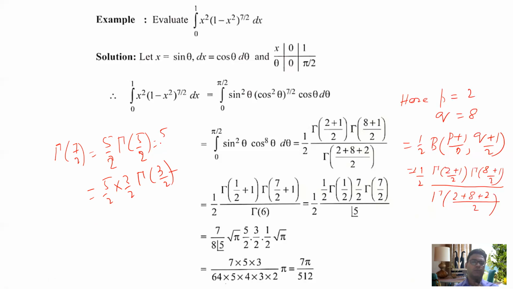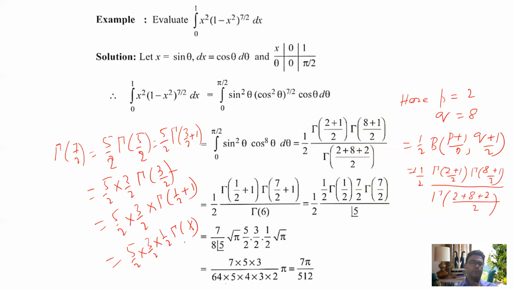Basically you can write 5 by 2 gamma of 3 by 2 plus 1. So from here you may write 5 by 2 into 3 by 2 into gamma of half plus 1. So ultimately 5 by 2 into 3 by 2 into half gamma half, which is 5 by 2 into 3 by 2 into half into root pi.